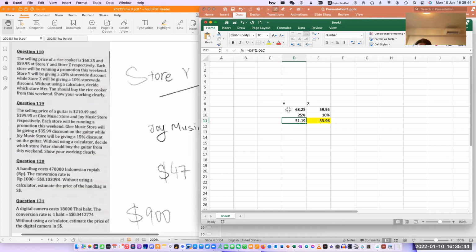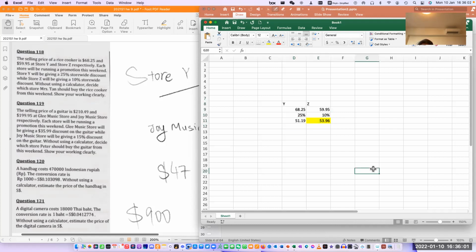So you can clearly see that if you use a calculator, store Y offers a cheaper option to Mrs. Tan. But how do you do this question without using a calculator?